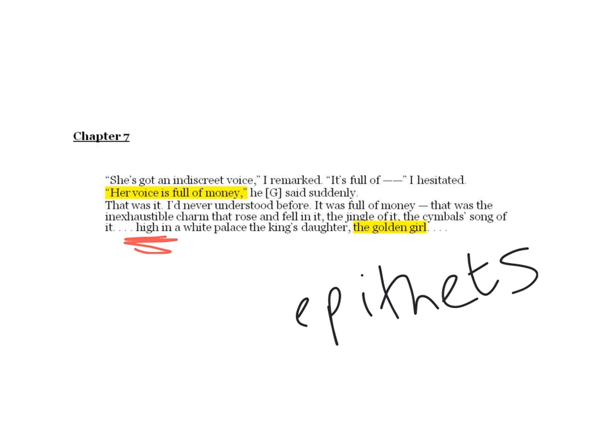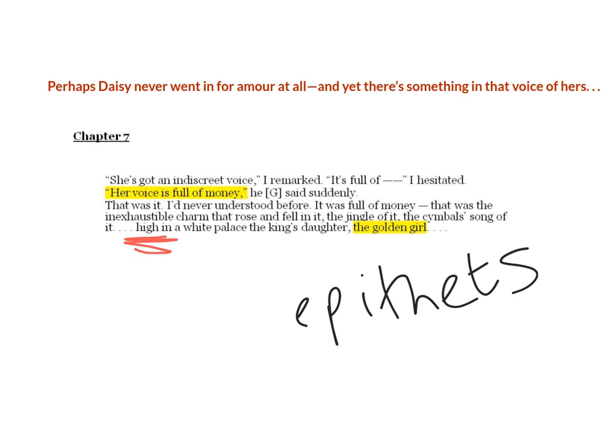This quote also recalls Jordan Baker's line in chapter 4 as well. A brilliant line that we'll look at elsewhere. Jordan wonders, perhaps Daisy never went in for amour at all. And yet there's something in that voice of hers... So it takes about 3 more chapters to clarify that and have a character arrive at what is the something in that voice of hers.